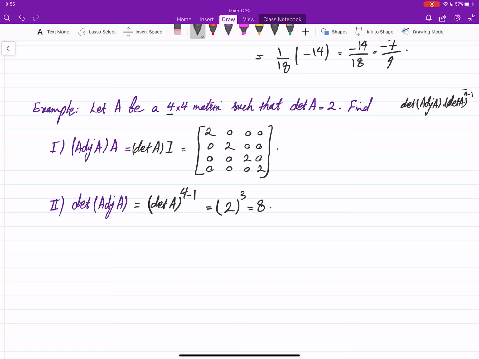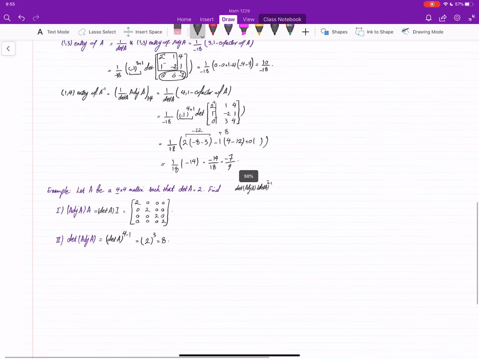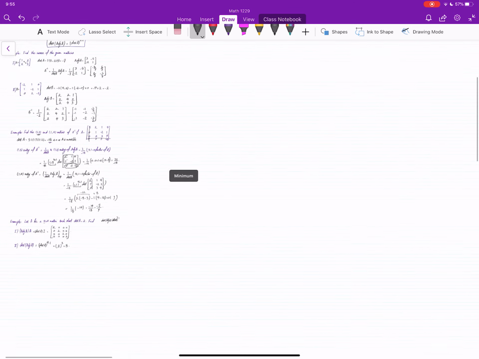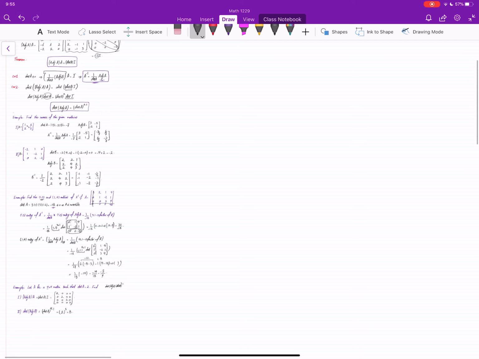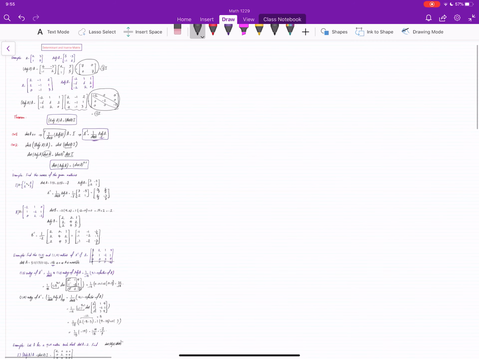You don't need to do any computations here. As you saw, everything started with one property of the adjoint matrix, that when you multiply the adjoint matrix by the matrix itself, the result is the determinant of A times the identity.